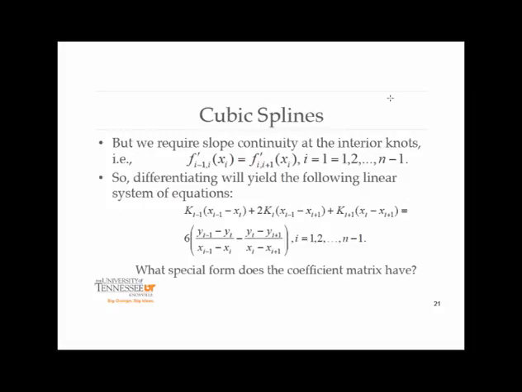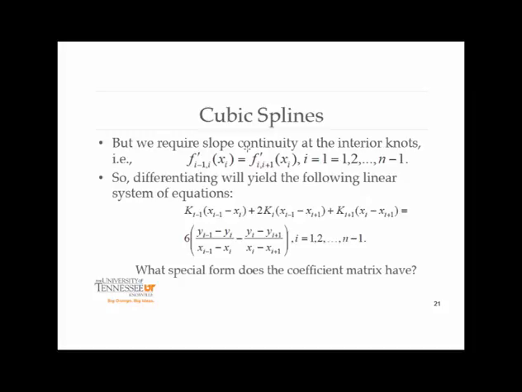As indicated in the next slide, the continuity constraints for cubic splines don't apply only to the second derivative. We also want continuity in the slopes on each of the subintervals, i.e. the first derivatives. So we want, for example, f prime of x i minus 1 comma i at x i to be the same as the derivative on the other side of that x i point involving the next cubic polynomial.